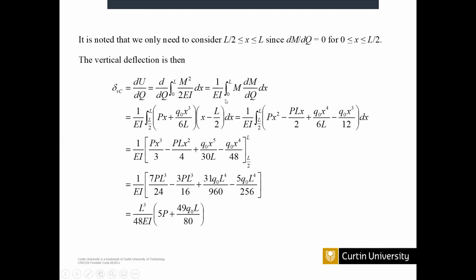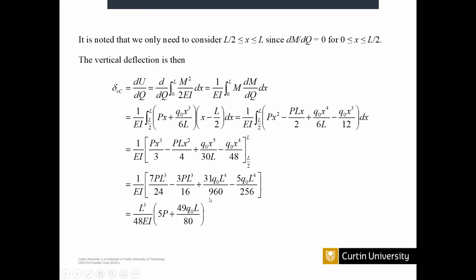Then rearrange with the Leibniz rule and chain rule. Then introduce and substitute here the bending moment equation. This is the bending moment equation. This is the first derivative with respect to Q. Then expand it and just integrate. I'm not going to explain this one. Integrations and substituting limits, so you will end up like this equation.